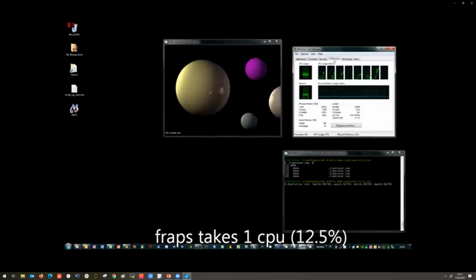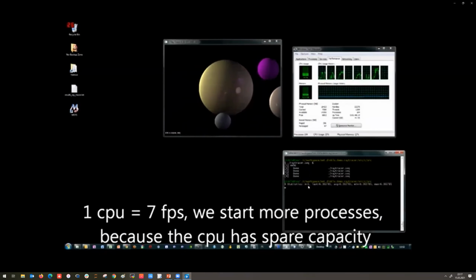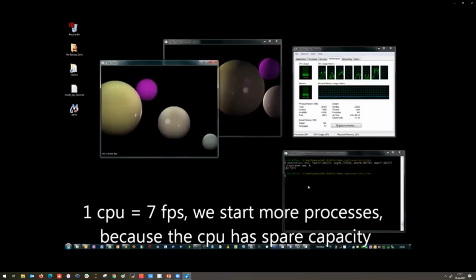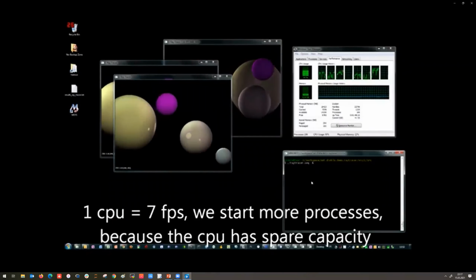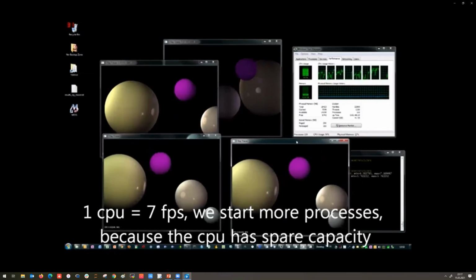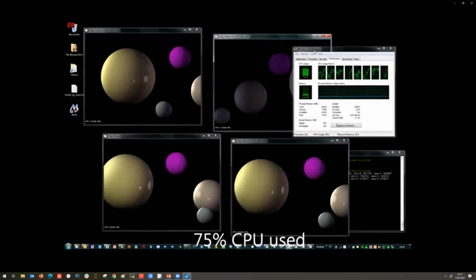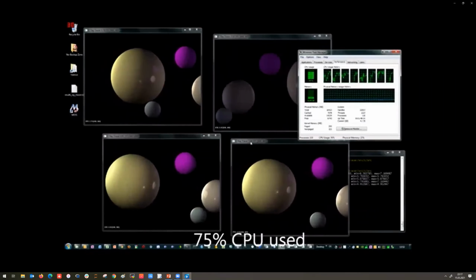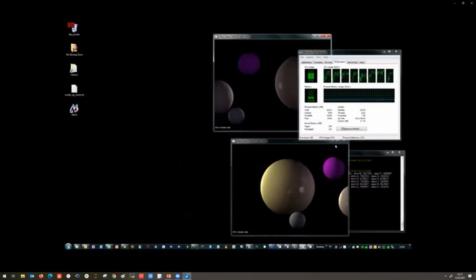So this is OpenMP, but here it uses just one CPU. Ray tracing shows 7 frames per second, but still a little bit slow when you consider it like that.